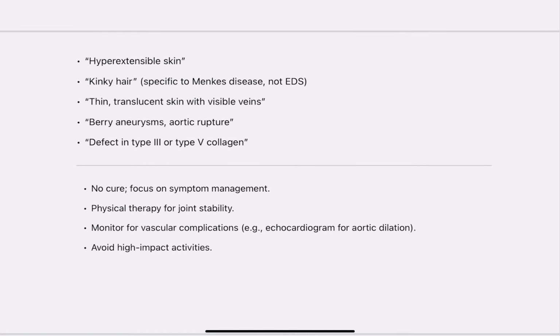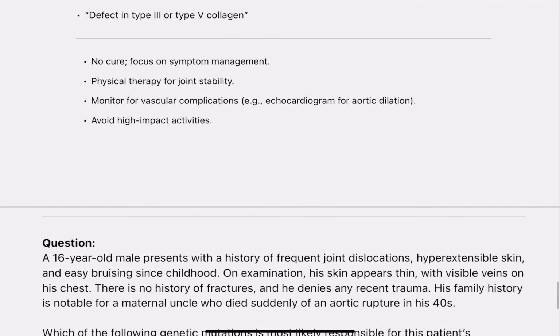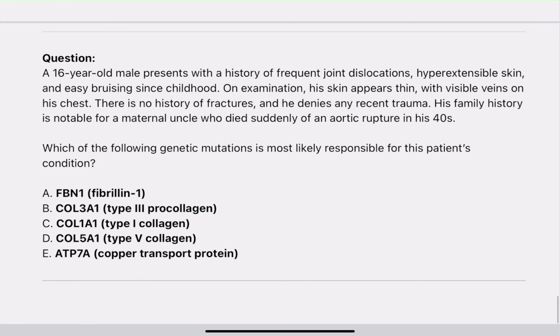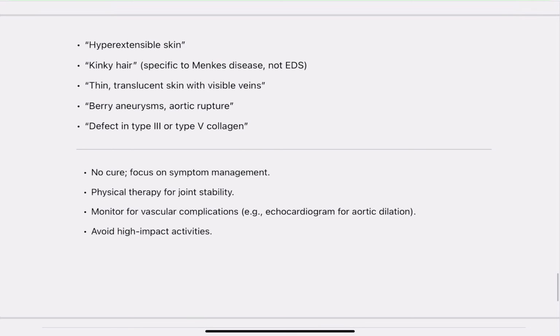Again, let's look at some of the... okay, so here I have something. It's got hyperextensible skin, kinky hair, thin, translucent skin, visible veins, peri-aneurysms, and aortic rupture, defect in type 3 or type 5 collagen.